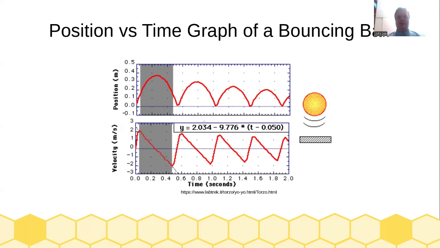Looking at the position versus time graph versus the velocity versus time graph, we see that up until the line which I drew, the velocity is going to be positive, but it is decreasing in magnitude, which means that the ball is going up, but the slope should be going down, which is what we see with the position versus time graph.